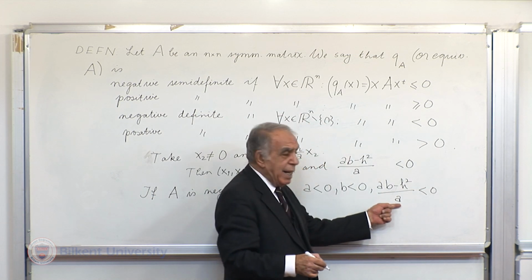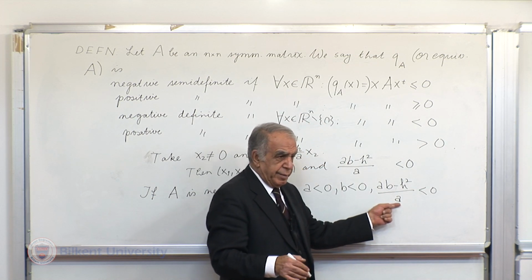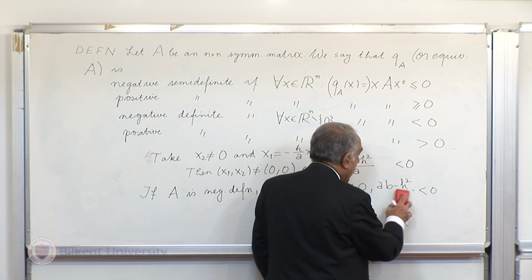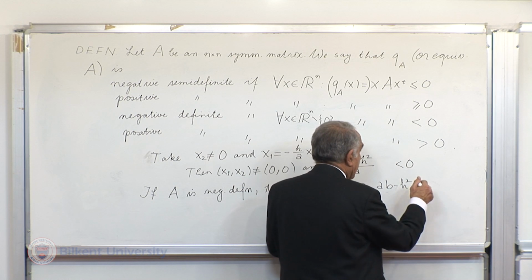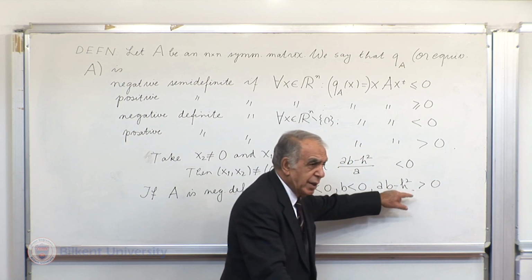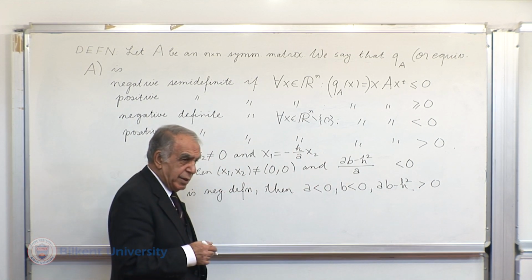But now A is negative. Okay? So if I multiply both sides by A, this will be positive. You'll get 0 here, but A is negative, so the inequality will get reversed.